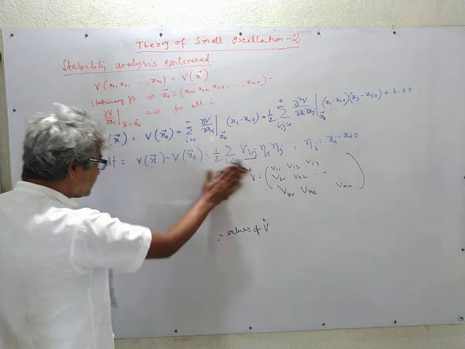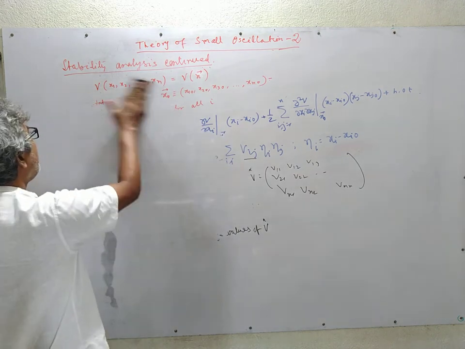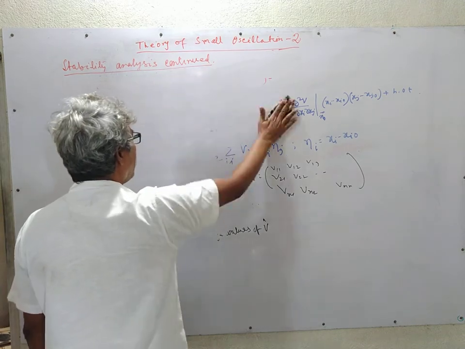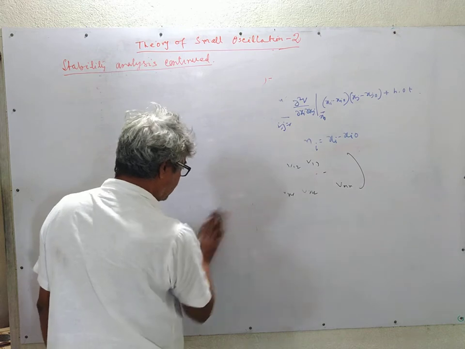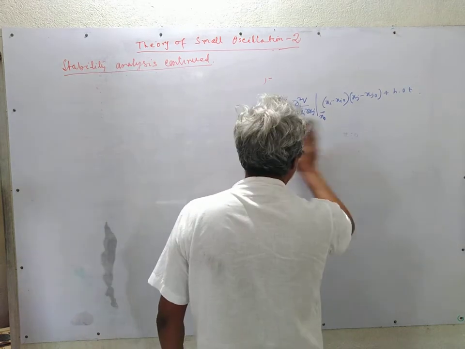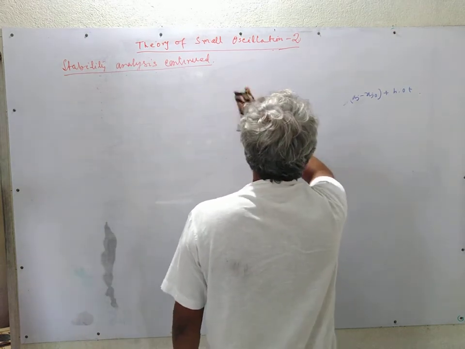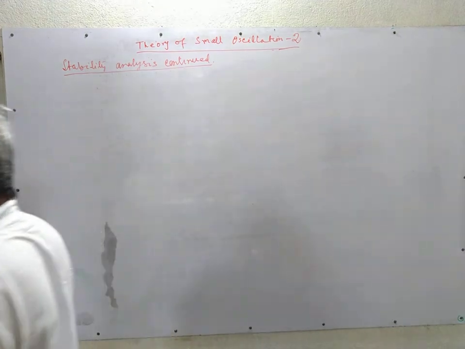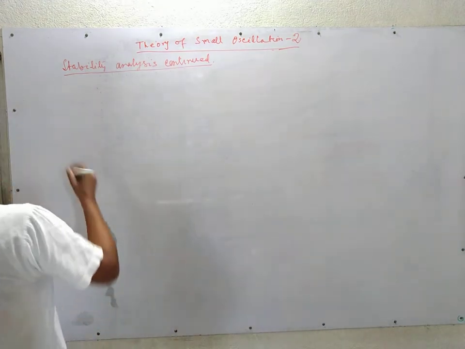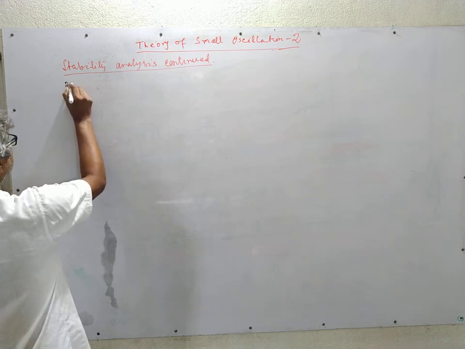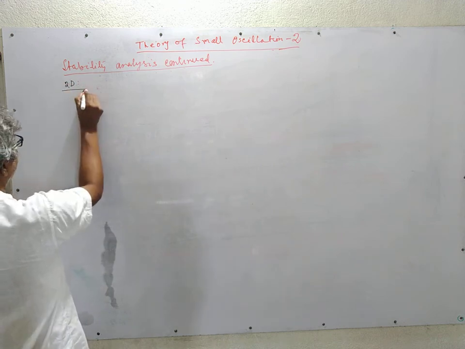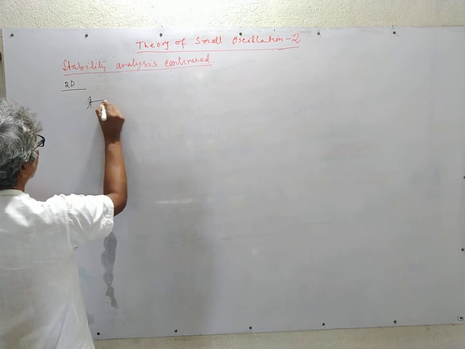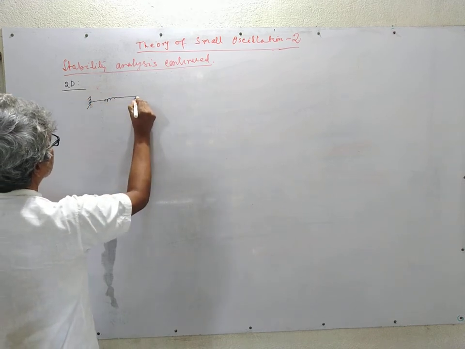As the first example, we consider a two-dimensional problem in which two identical point masses, each of mass m, are connected by 3 identical elastic springs, and the combination is kept on a smooth horizontal table and fastened between 2 rigid supports. So this is our problem system.